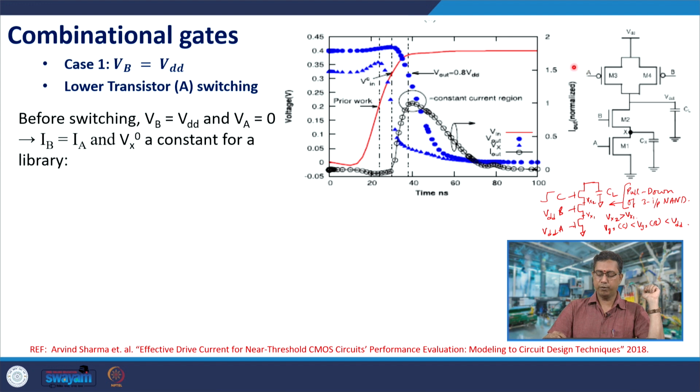For example, A is turning from VDD to 0, B is at VDD. This transistor would be off, it would just offer a parasitic capacitance here, and this path would be off, so it would also offer a parasitic capacitance here. Therefore, we would be charging the output capacitance through this path. The charging mechanism is like that of an inverter, so the inverter's delay model and effective current model that we derived in the previous lecture would be valid with additional parasitic capacitances. Therefore, we are not much interested in discussing the 1 to 0 transition.